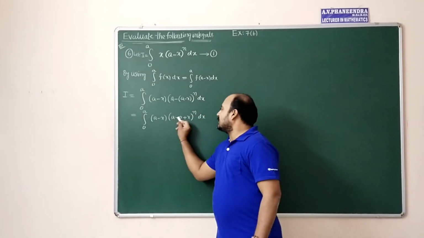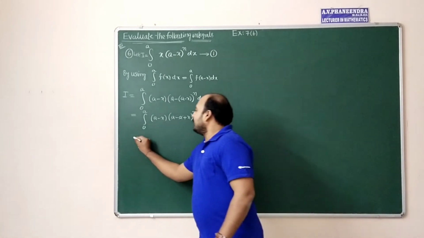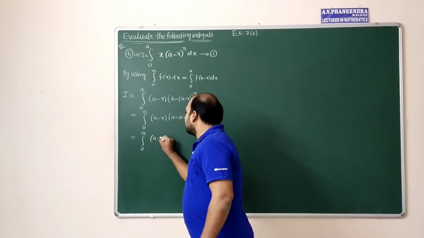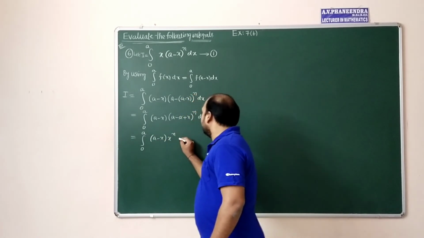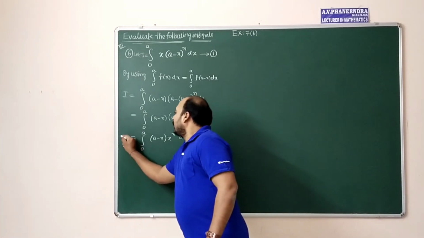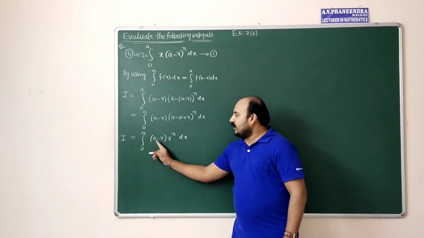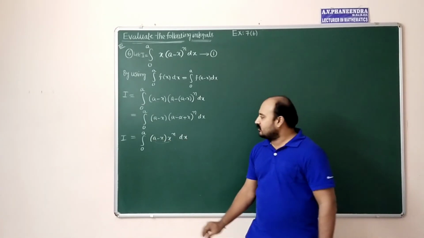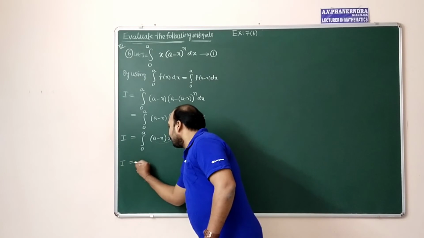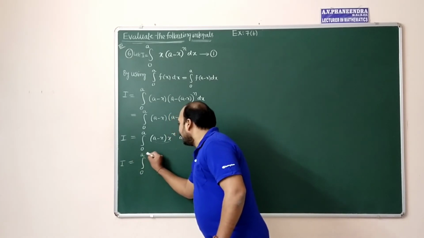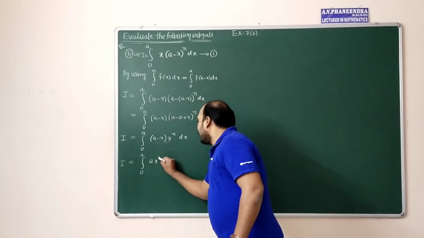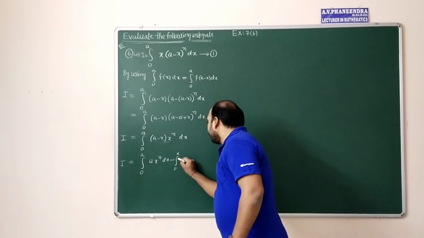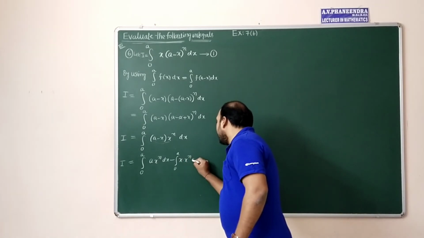So plus a minus a get cancelled, which is equal to integral 0 to a of a minus x into x power n into dx. Now each and every term, we have to do the actual multiplication. So I equal to integral 0 to a of a into x power n into dx minus integral 0 to a of x into x power n into dx.